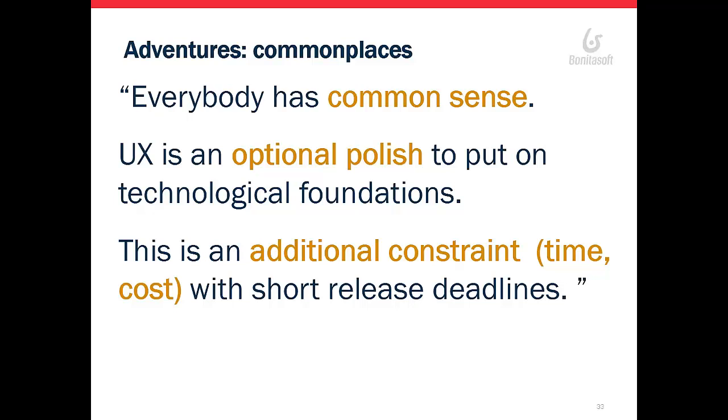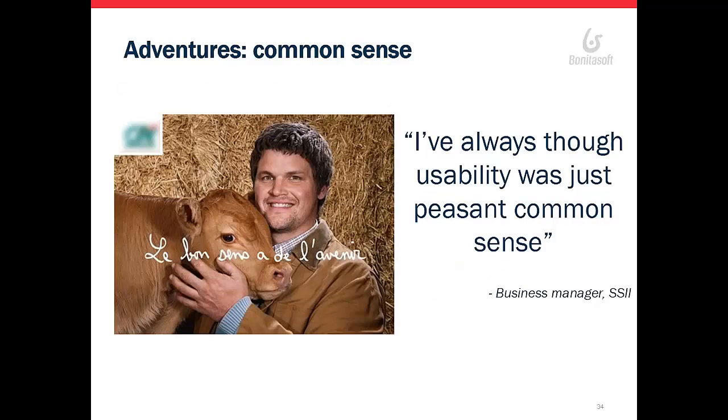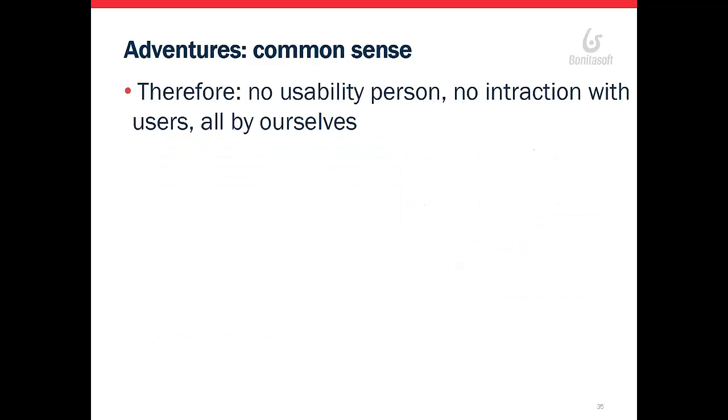Our developers would make commercial proposals, and at the end there was a little line about optionally we can make it usable if you need. But mostly our developers will make it usable anyway because it's common sense and everybody has common sense. My manager used to say, I've always thought usability was just peasant common sense. It works in French, le bon sens paysan, saying it's everybody's business and everybody's skills to make things usable.